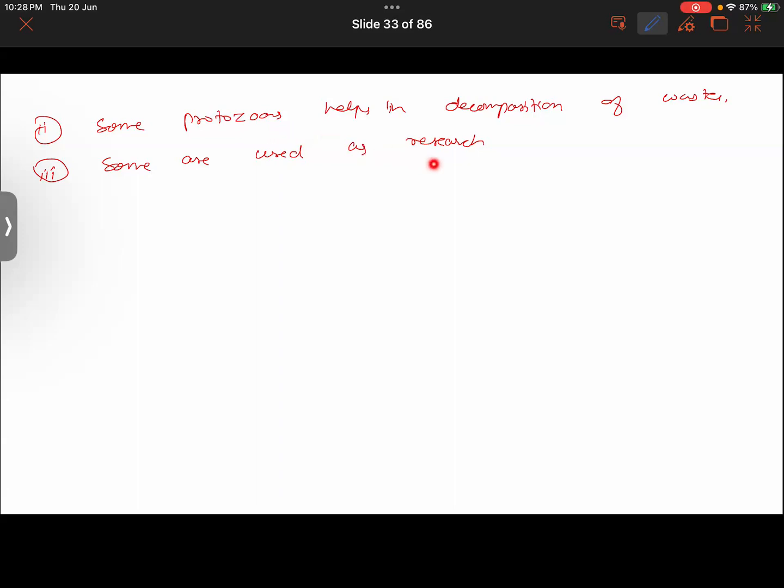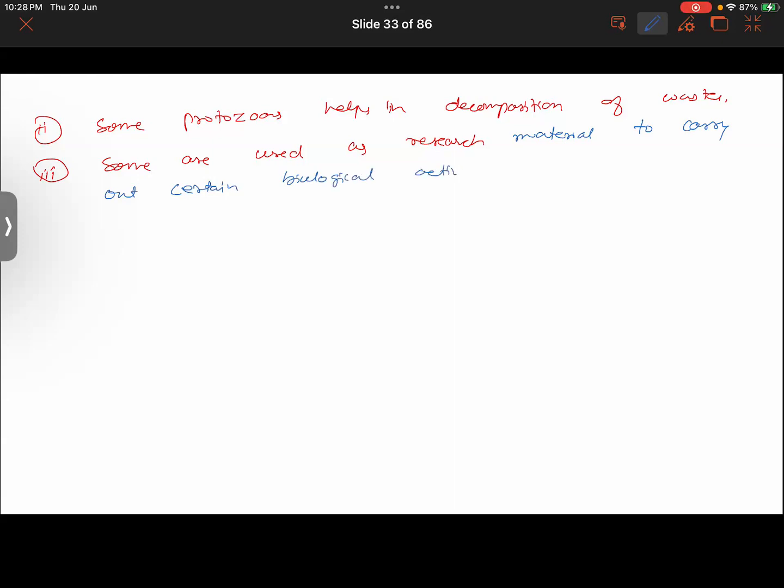So in the field of biology, some are used as research material to carry out certain biological activities.